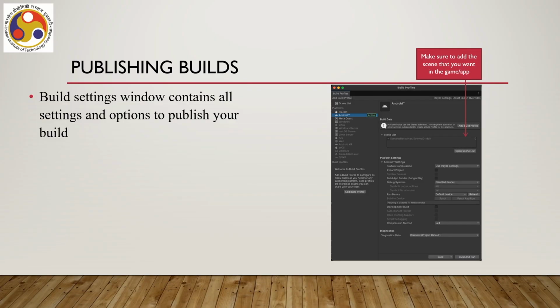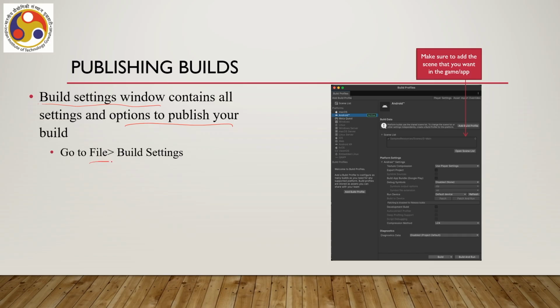After you write the script and build the system, the last stage is to publish or deploy the system. The editor interface contains build settings, and if you open that window, it contains all settings and options to publish your build.